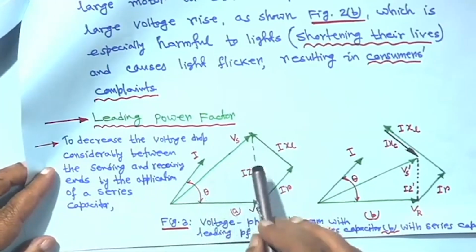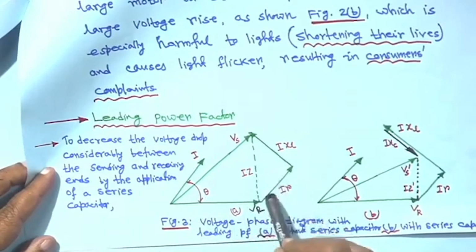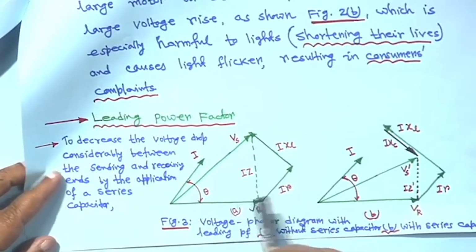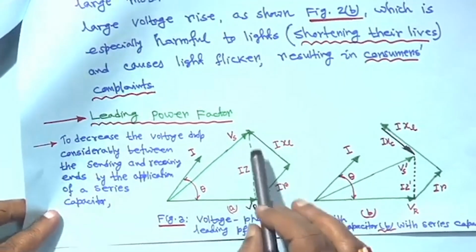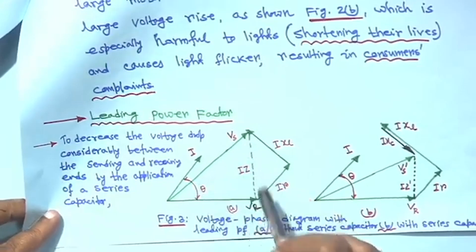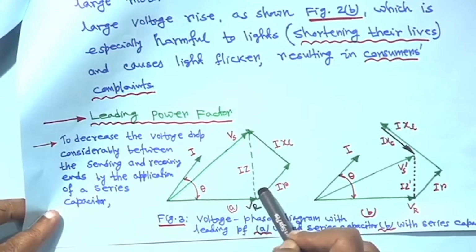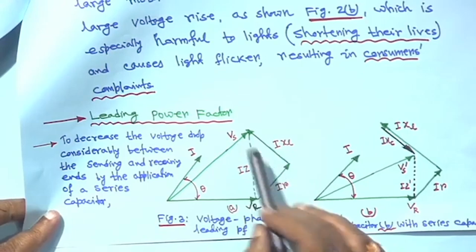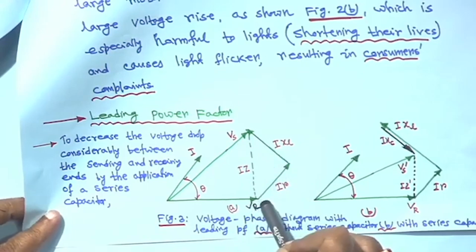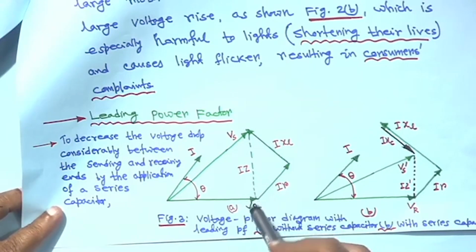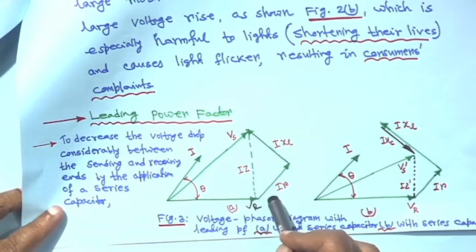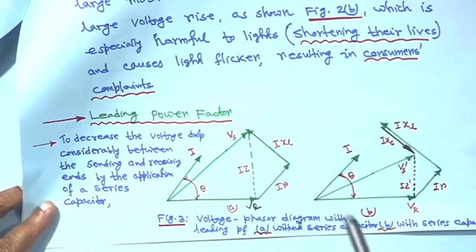In that case, depending on the current and line parameters, Vs may be less than or greater than Vr, either way it is true. Vr also may be greater than or less than Vs.